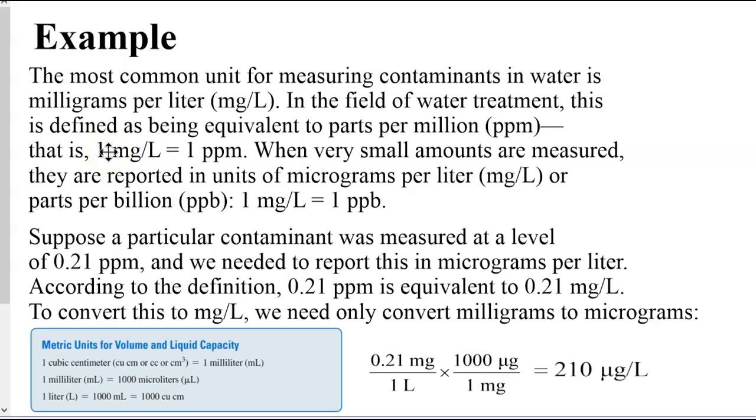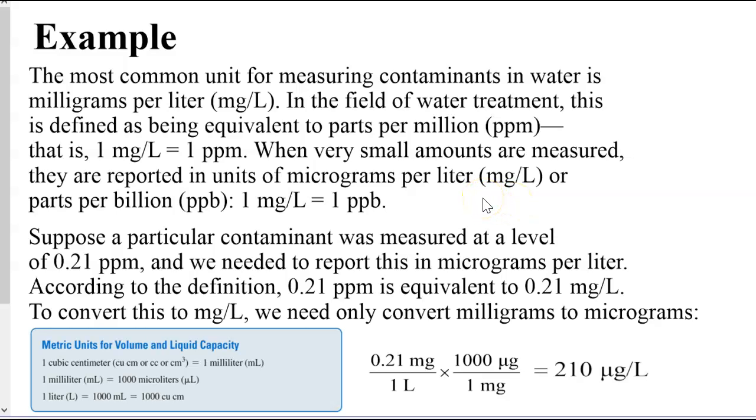So next we're going to look at an example, and this comes from maybe the environmental science field. When they're measuring parts per million, you can see that it's measured in milligrams per liter, and that's what a part per million is. And when these very small amounts are measured, they're reported in micrograms per liter.